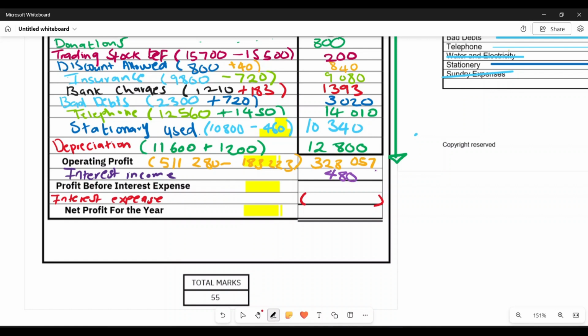And now to get my profit before interest expense, I would take this 328,057 and add it to my income of 480. Now, when you do, your profit before interest expense should be equal to 328,537.